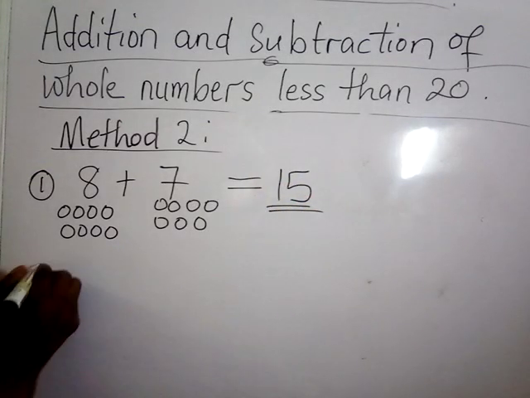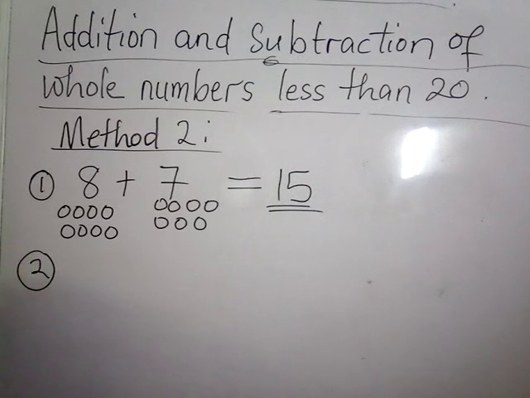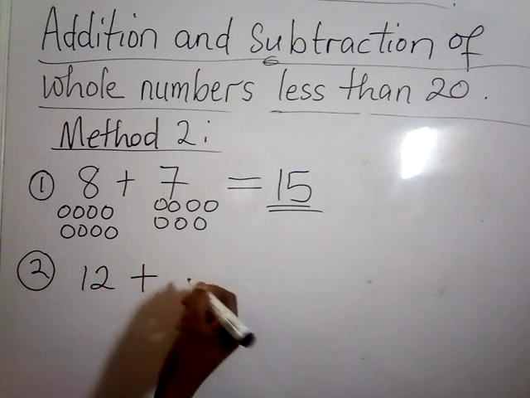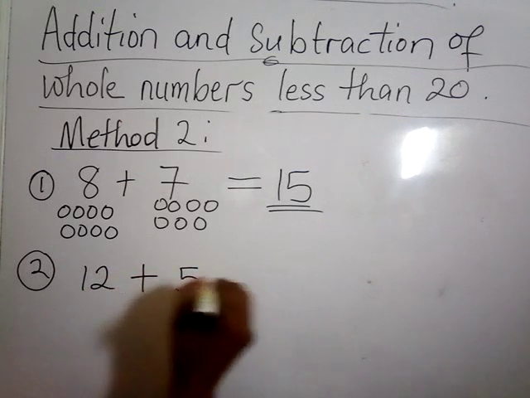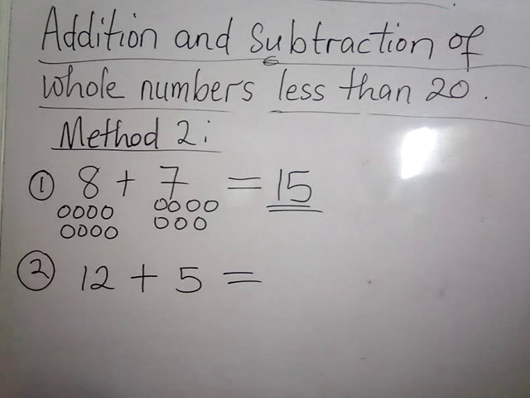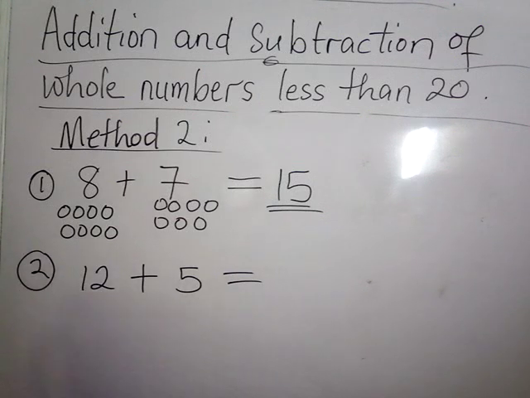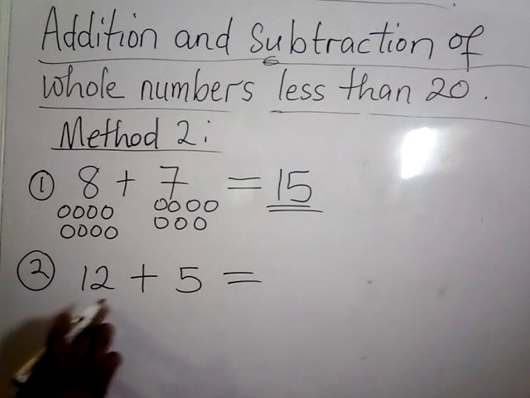Okay, what if you are asked to add something like 12 plus 5? Now 12 is not all units like the 8 and 7 that you have up there. It's a number that has tens and units.